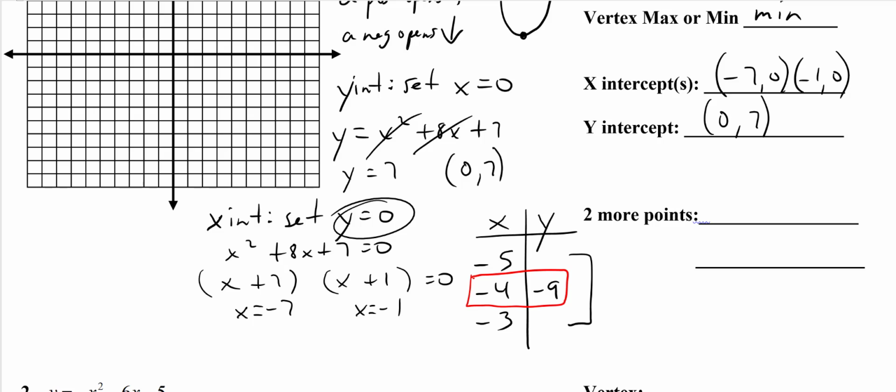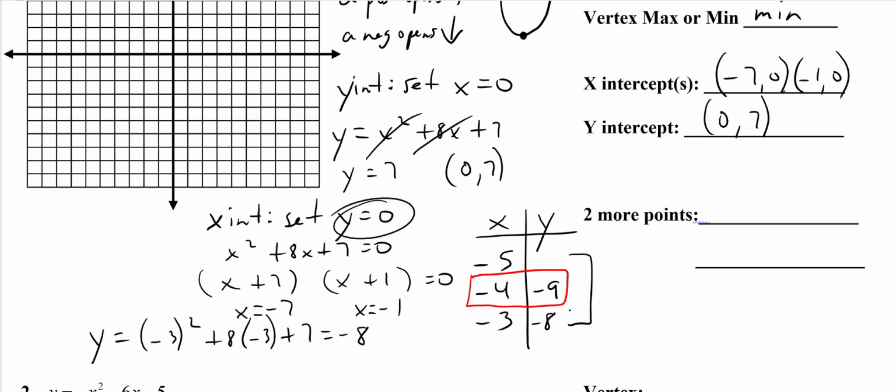Okay, so I'm going to take that -3 and plug it into the original problem. So I get y is equal to -3 squared plus 8 times -3 plus 7. Okay, and if I do that, I get -8. So my point is -3, -8. Now here's the deal, math fans.